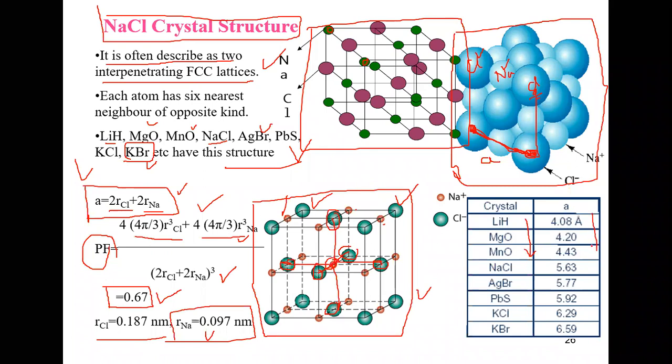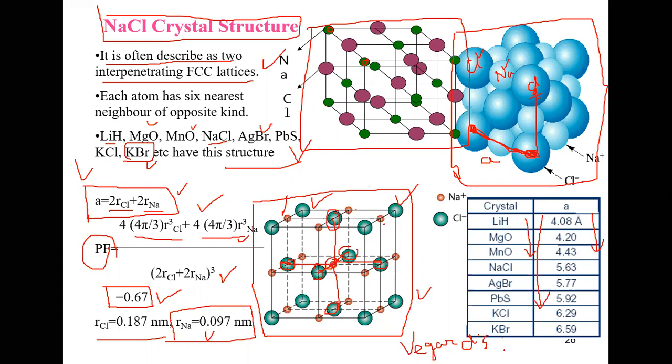Now, if we look at this table, as you can see, as you go down, the lattice parameter increases. Why does the lattice parameter increase? If you look at the periodic table, you'll see that as you go down, the atomic radius gradually increases. So if the atomic radius increases, the lattice constant will also increase. This phenomenon in material science is called Vegard's law, V-E-G-A-R-D.